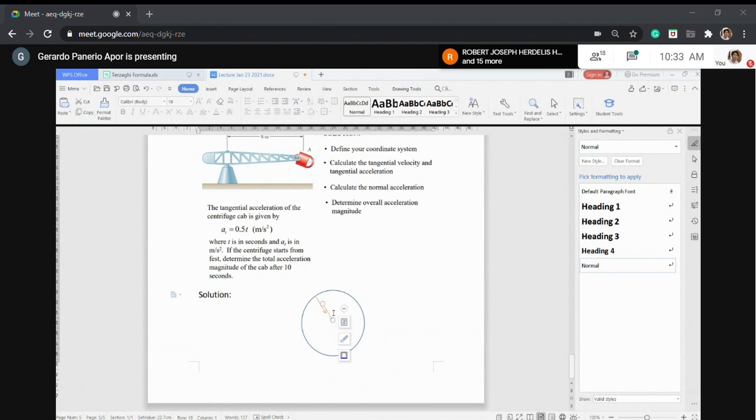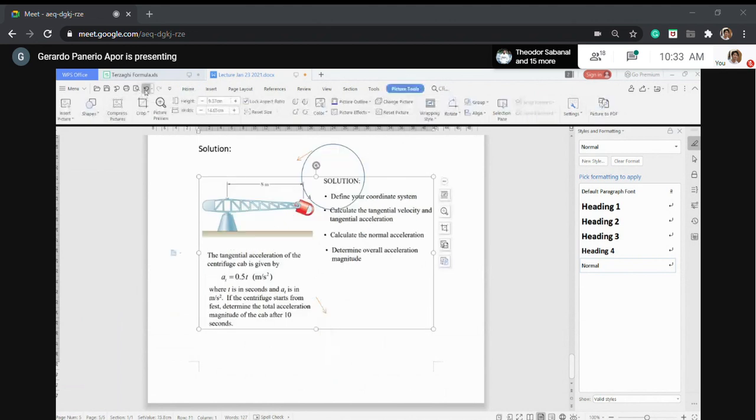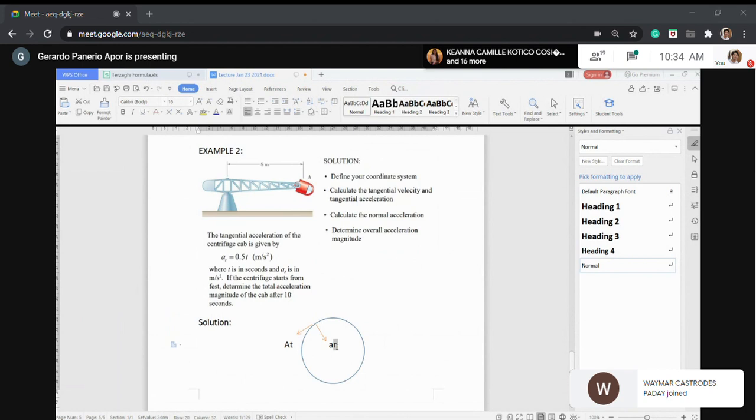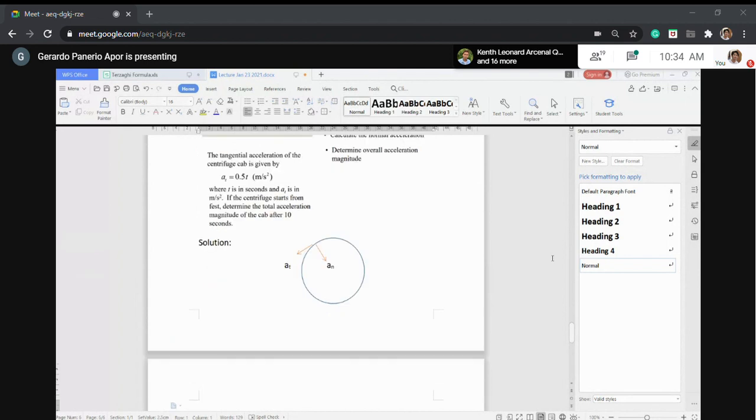Copy and paste again for the tangential component. We call these acceleration tangential and acceleration normal. Okay, so that is our figure.